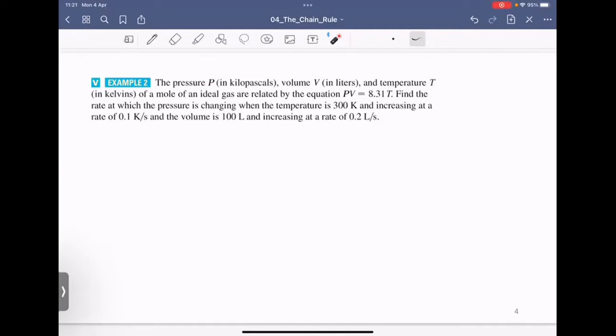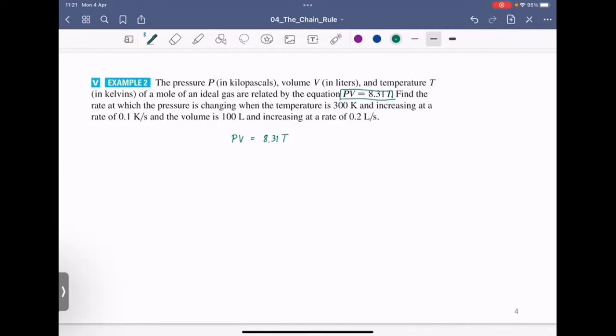Well, this could be the PV equals nRT, some gas equation in chemistry. But anyway, we're going to reduce the form to just PV equals 8.31 times T. So basically, this equation shows the relationship between pressure, volume, and temperature.